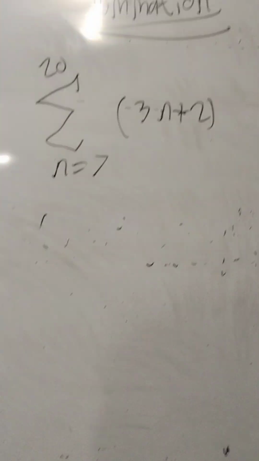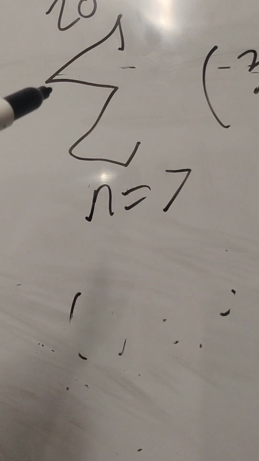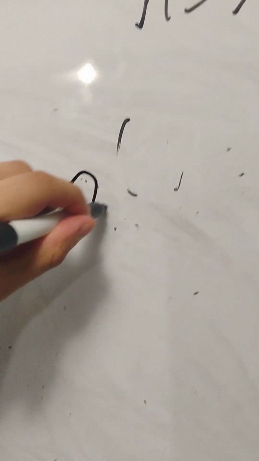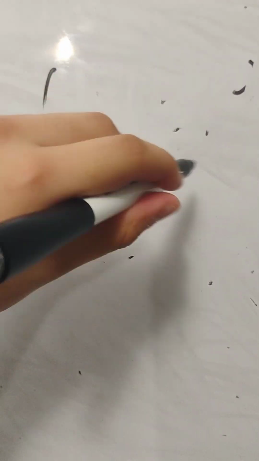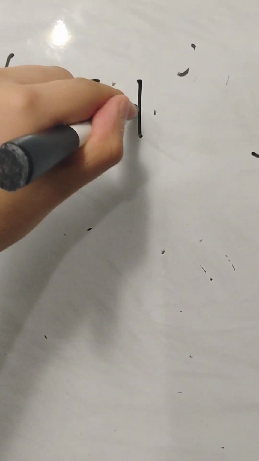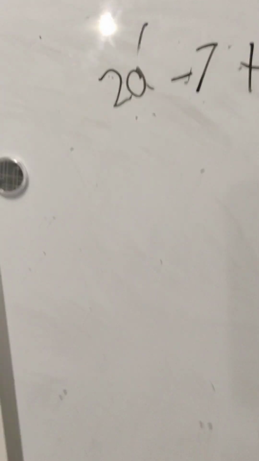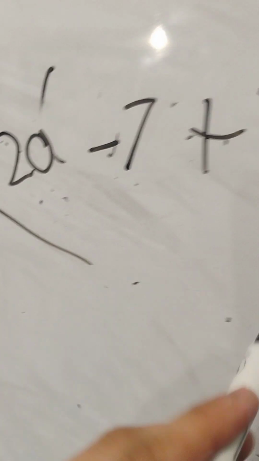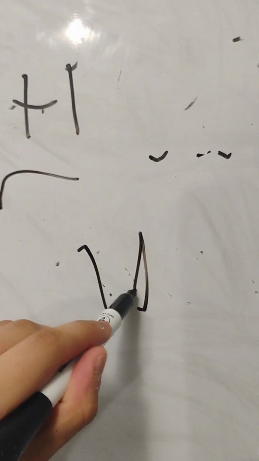So right here, what we can do is subtract, 20 minus 7 plus 1, right? And we know 20 minus 7 is 13, right? 13 plus 1 is 14. So 14.